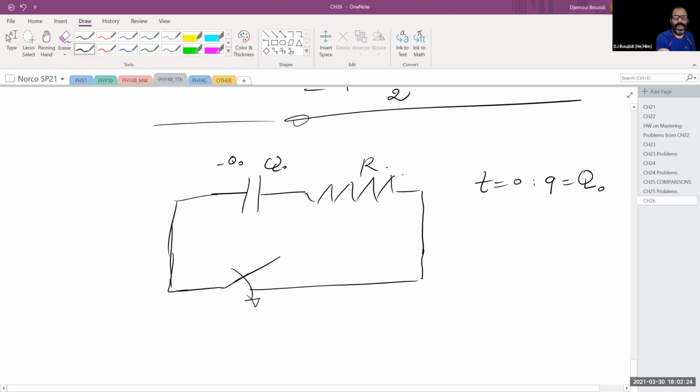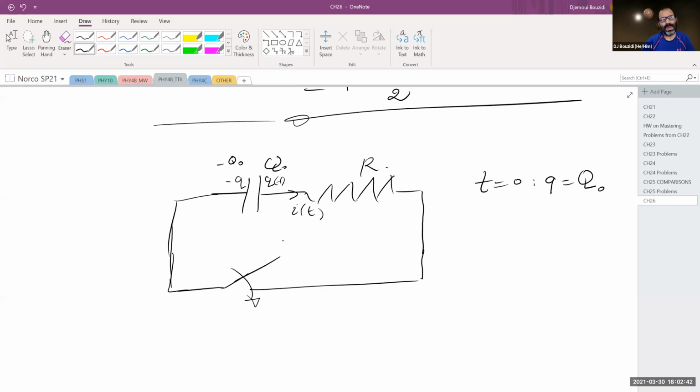Later in time, the charge dropped from Q naught down to Q, and this will become negative Q. So this is later in time, and the current will be flowing in this direction, I of t. The only thing about this circuit now is that I of t is not charging the capacitor, but rather discharging it.